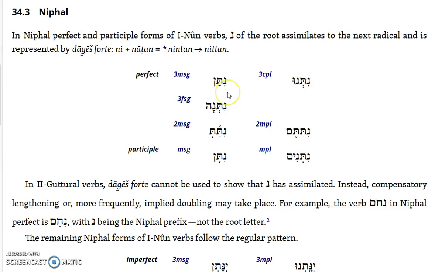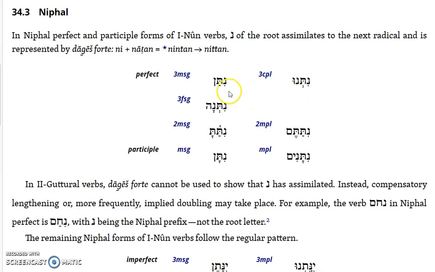Now, this is very easily confused with the qal first common plural, which would be a nittein with a sere. And so which vowel you choose changes the meaning entirely, because nittein would be "we will give," whereas nittan means "it was given," or the like.